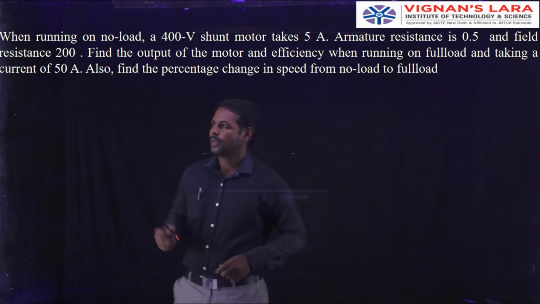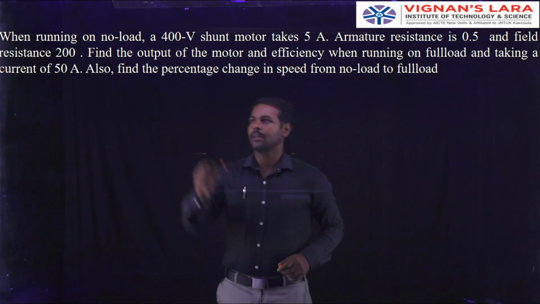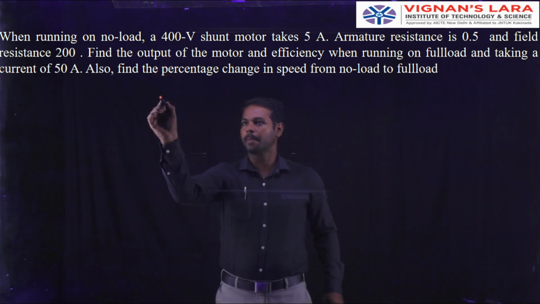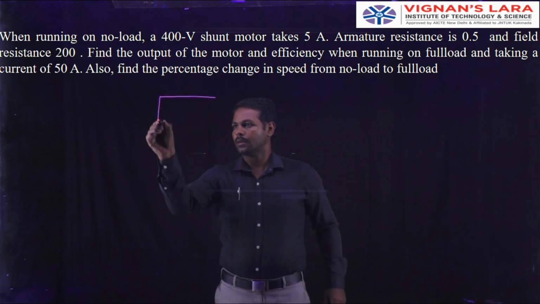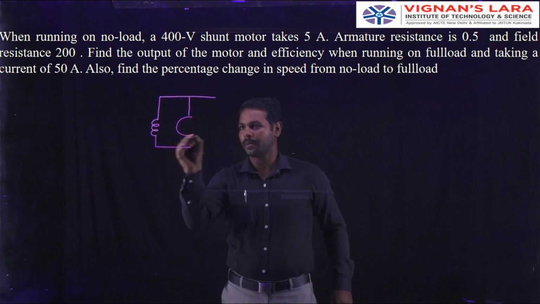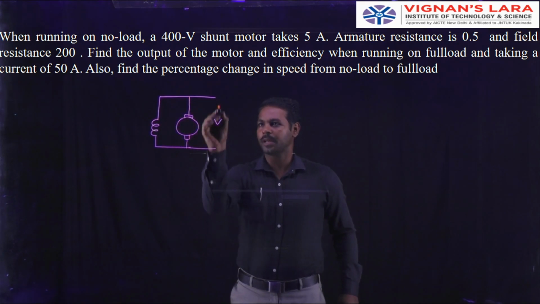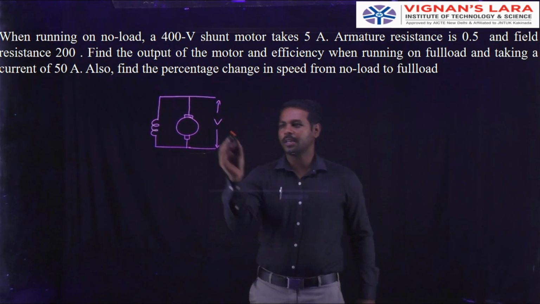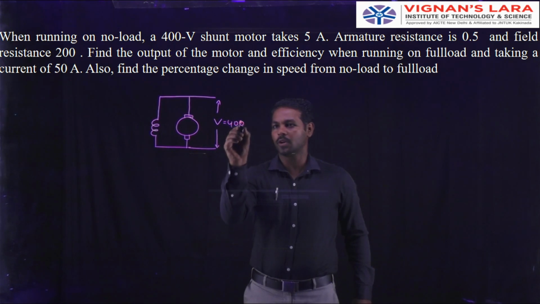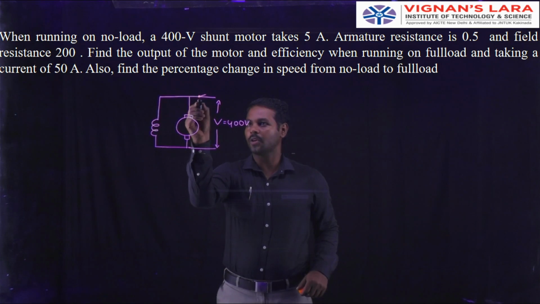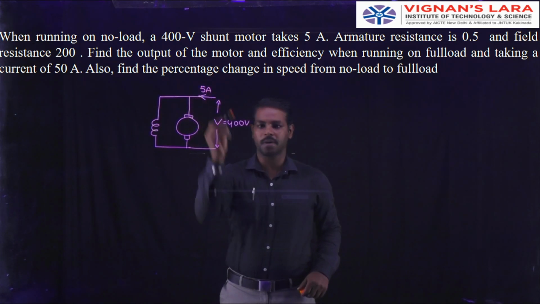In this, first of all we can draw the shunt motor, with the field winding across the armature, across the supply voltage. The supply voltage is equal to 400 volts. The no load current is equal to 5 amperes.